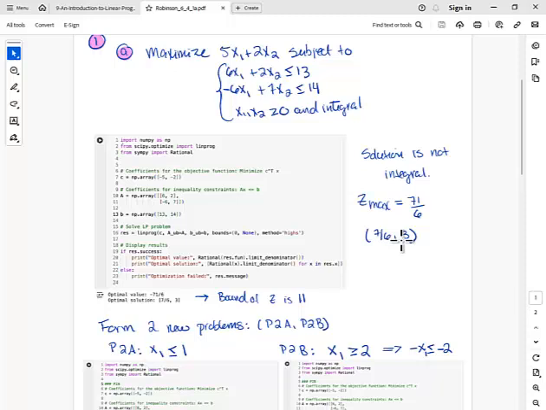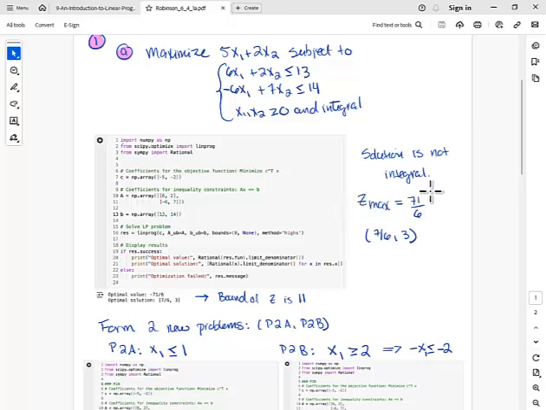What this tells us is that the integral solution cannot have a larger objective function value than this, because this is adding an additional condition. Adding an additional condition cannot give you a larger value for your final objective function.